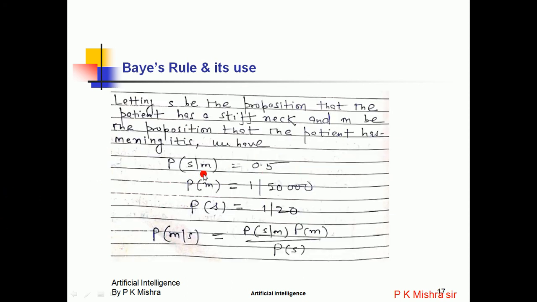Probability of S, that is stiff neck, given meningitis equals 0.5, and probability of meningitis equals 1 by 50,000 is given, and probability of stiff neck equals 1 by 20 is given.